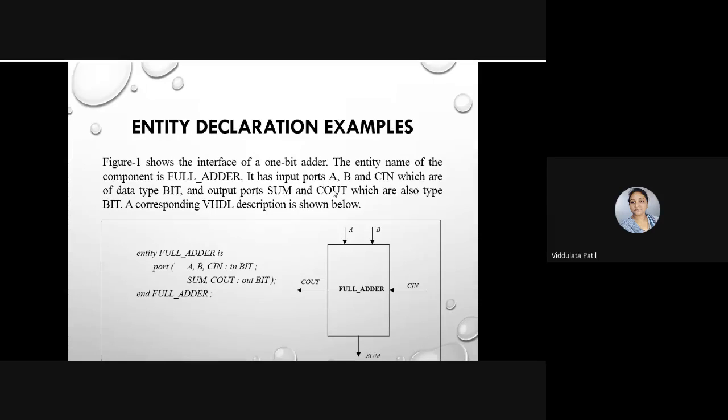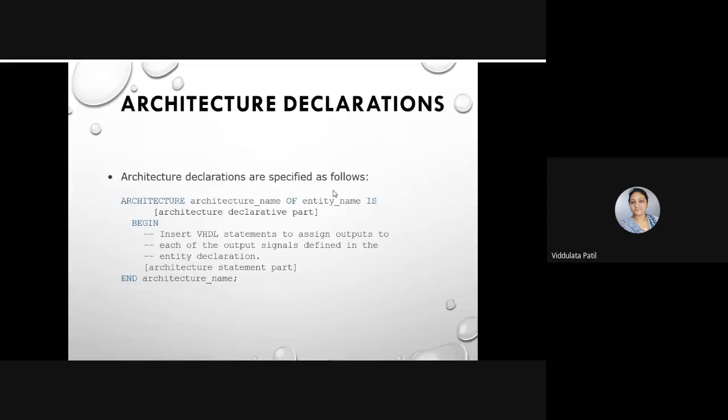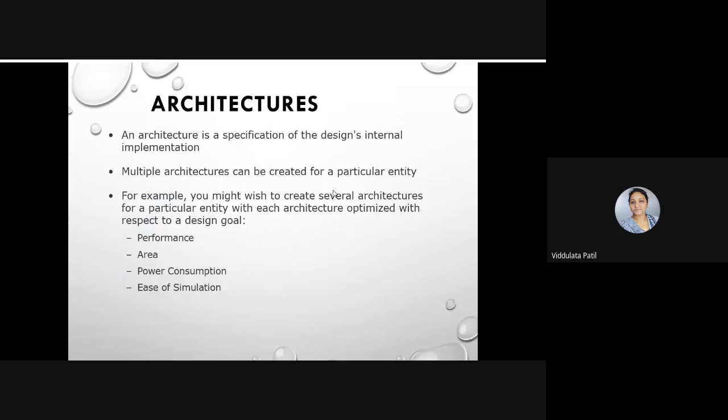Okay. So I'll skip this part right now, and we'll go to architecture of this VHDL code. Now, what is architecture? Architecture is the specification of the design's internal implementation. That means how we are going to design any particular circuitry will be specified in an architecture.